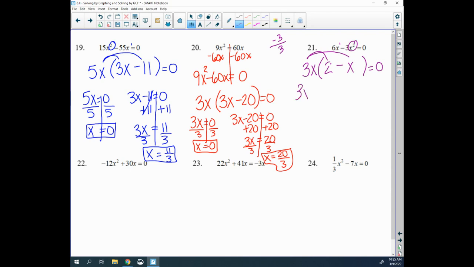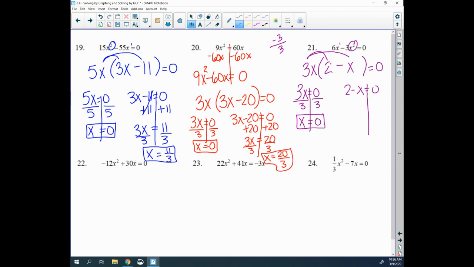Now set each one equal to 0, just like you normally would. It looks a little backwards over here. We're used to it saying x minus 2, but I'm going to work it the exact same way. Here we divide and get 0. How do I solve this one? You have a couple options. I could add x to both sides and be done: 2 equals x.